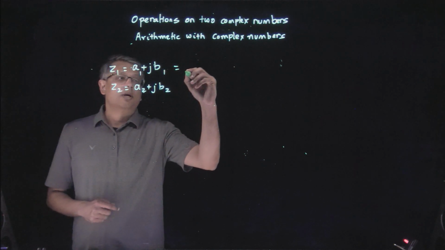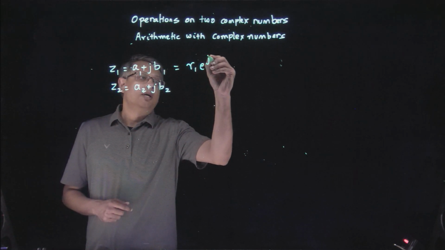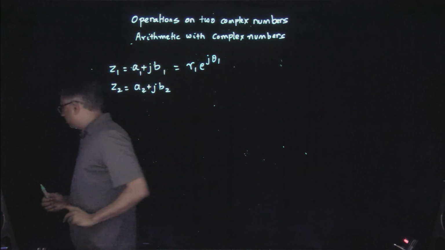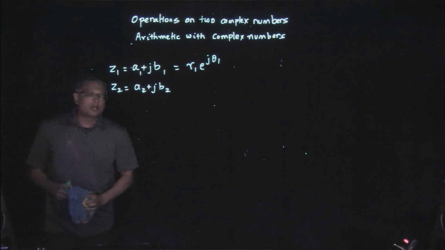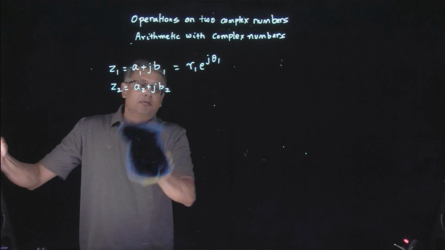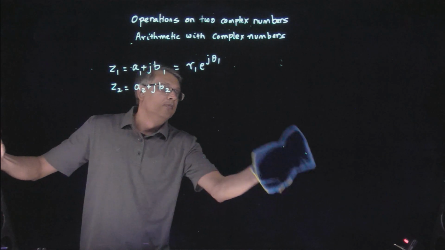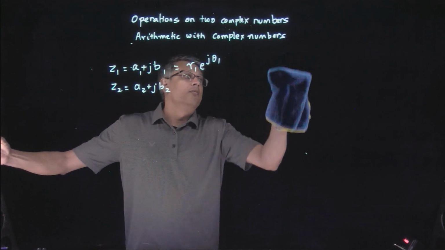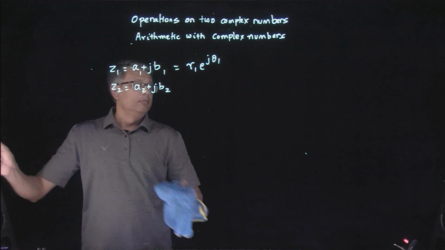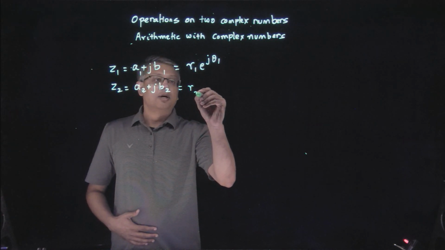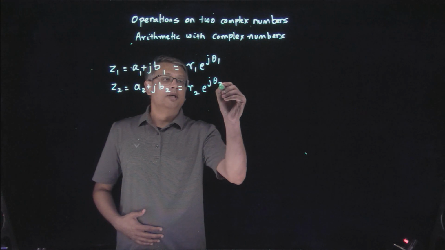And let's say we also have the polar representation for z1 as r1 times e to the j theta 1, and z2 is r2 times e to the j theta 2.